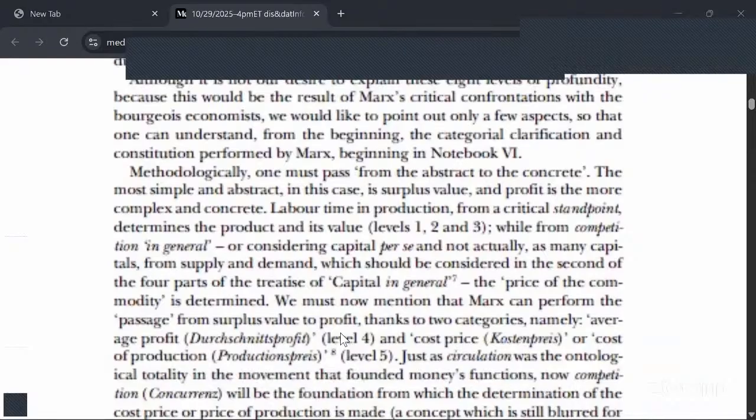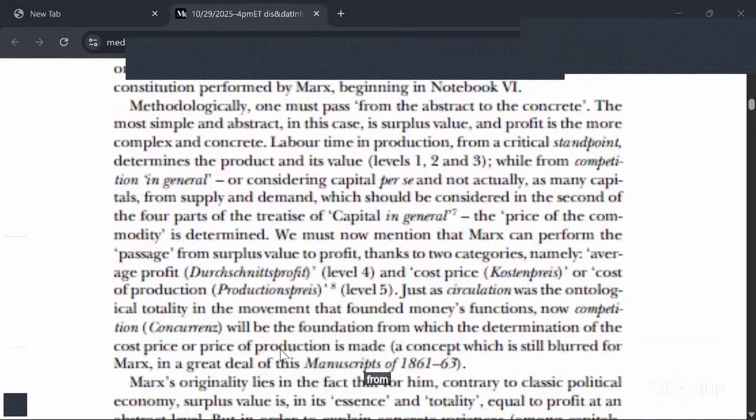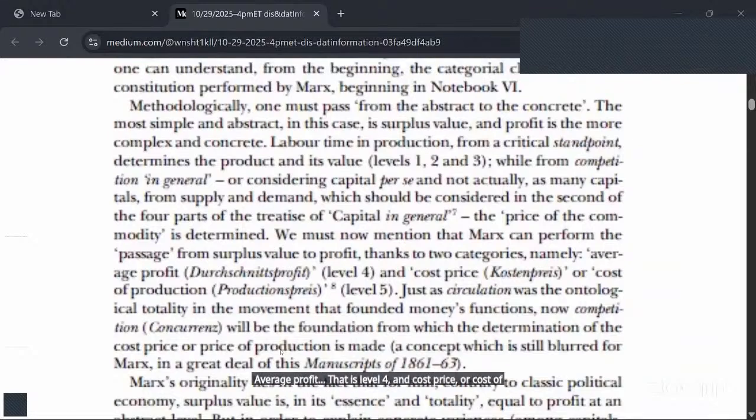We must now mention that Marx can perform the passage from surplus value to profit thanks to 2 categories, namely average profit, that is level 4, and cost price or cost of production at level 5.